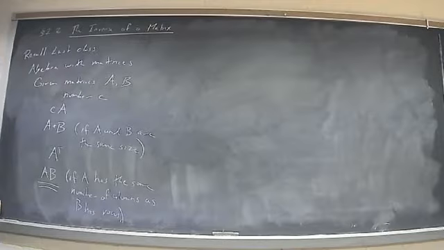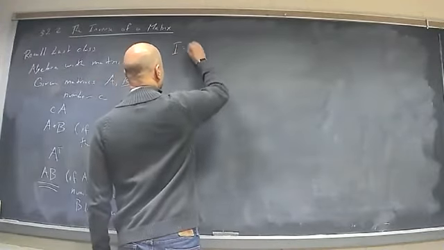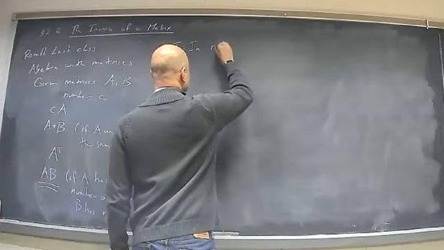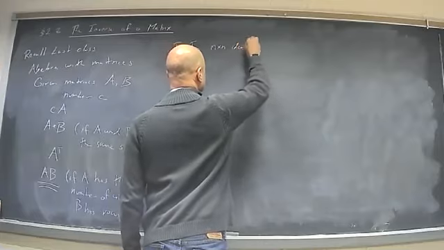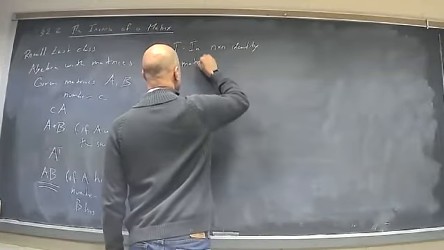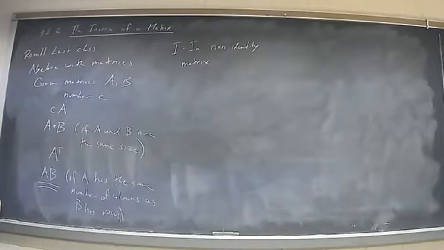Another thing I want to focus on is this I, or I sub n, the n by n identity matrix. It's a matrix which basically does nothing to a vector when you multiply it.